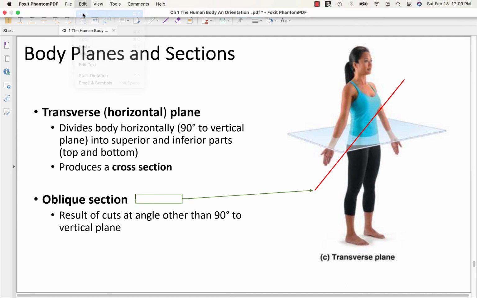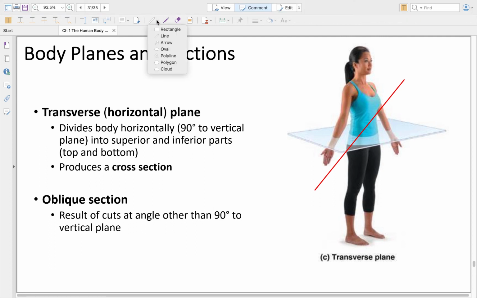All right, the oblique section. Okay, there it is, right there. It is a cut at an angle, this angle. Okay, so transverse is straight, a horizontal cut. Oblique is a cut on a vertical plane at an angle, at an angle other than a 90-degree angle.